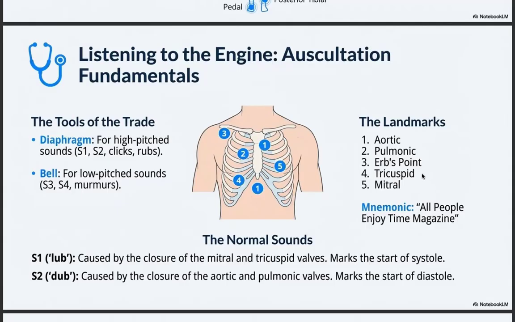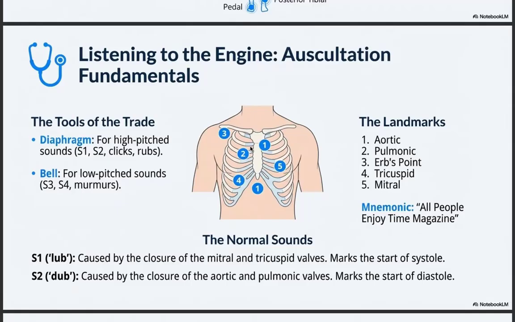But the mitral and tricuspid valve. So mitral is actually pretty close to where it is. It's normally at the point of maximum impulse that you're going to be able to hear the mitral valve very, very well. And the tricuspid is just a little bit over to the right and then shifted up just a tad, and that's where you can hear that one. Erb's point is the part where you can hear both of these sounds really well.